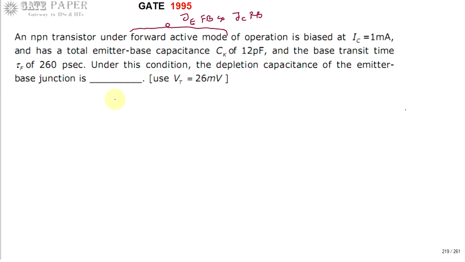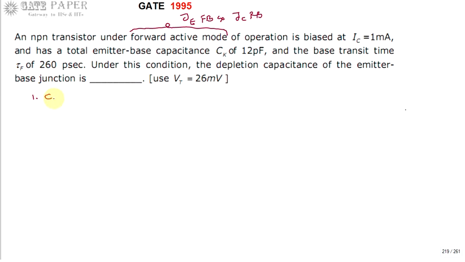Next, in a PN junction, capacitance effects exist at high frequencies. So at high frequencies every PN junction will exhibit some capacitance effects. There are two different types of capacitances present.